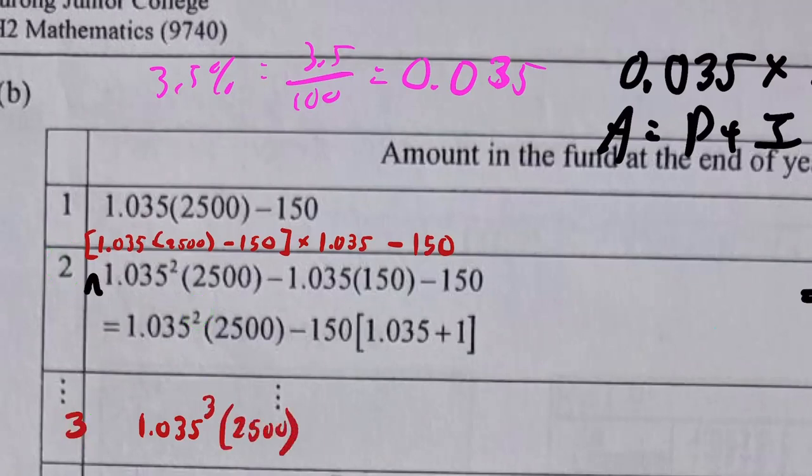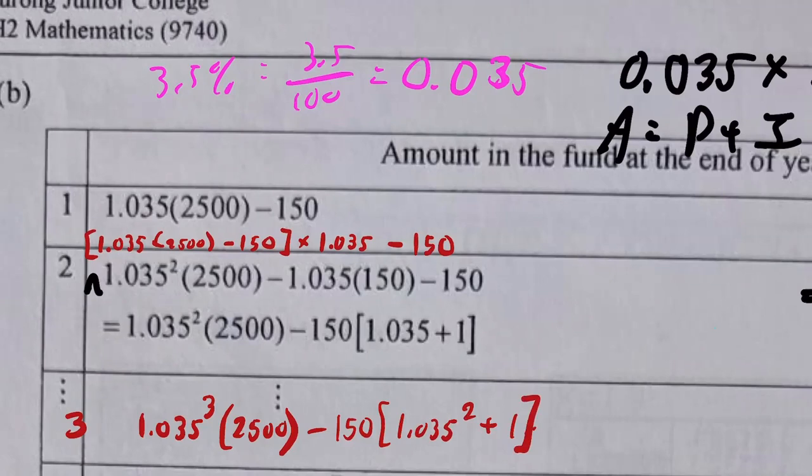Then continue the rest. 150 bracket 1.035 squared plus 1. Oh no. You cannot see the pattern. That's wrong. If you say plus 1, it's wrong.